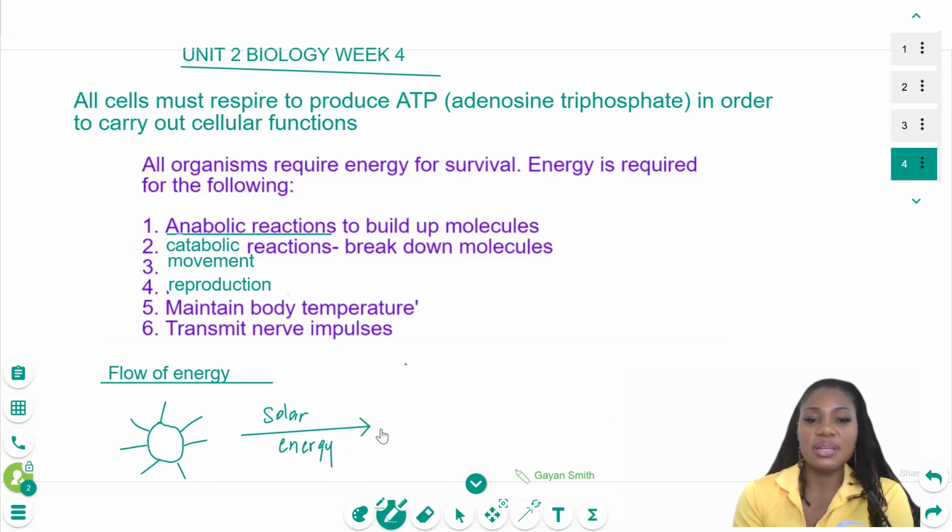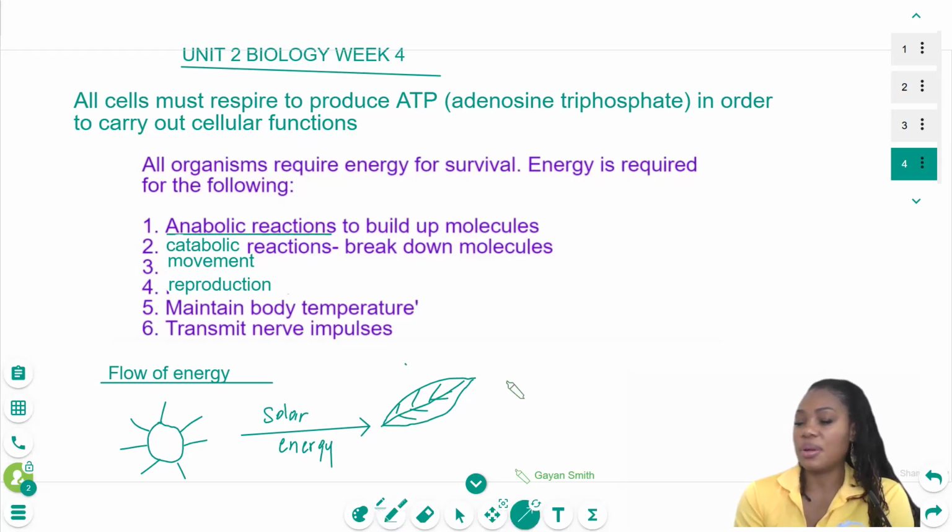And then we have the leaves, which capture the solar energy, converting that into glucose.